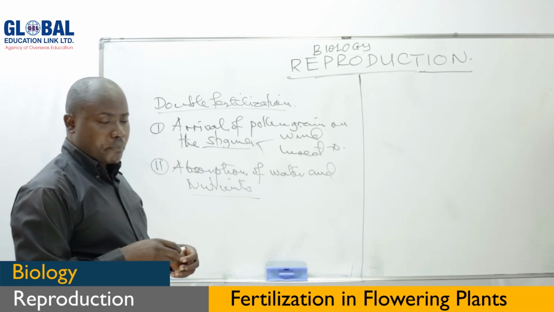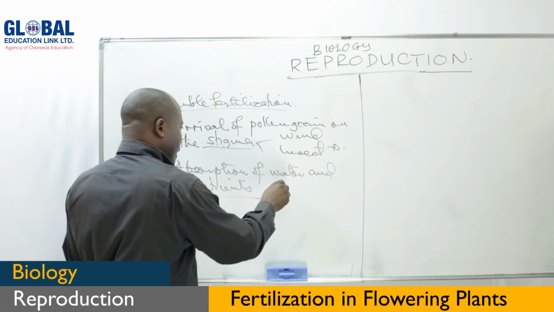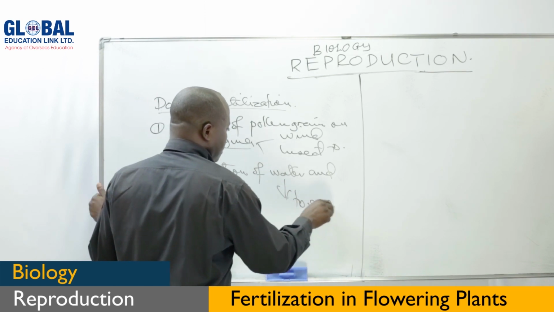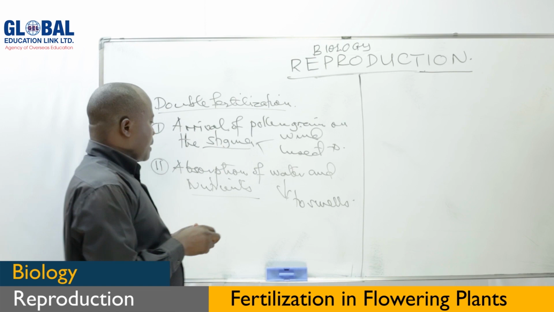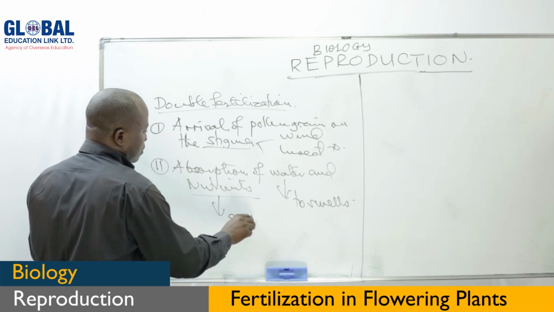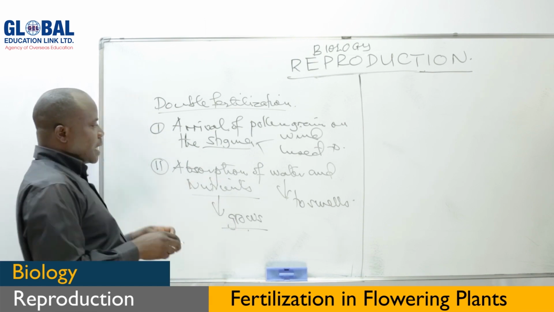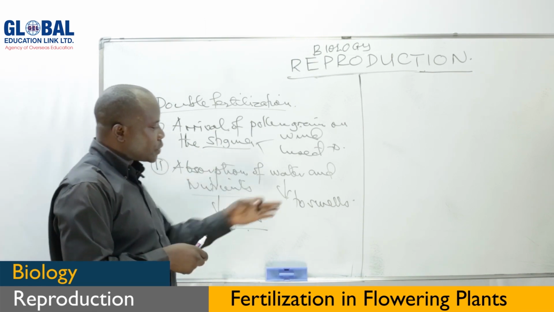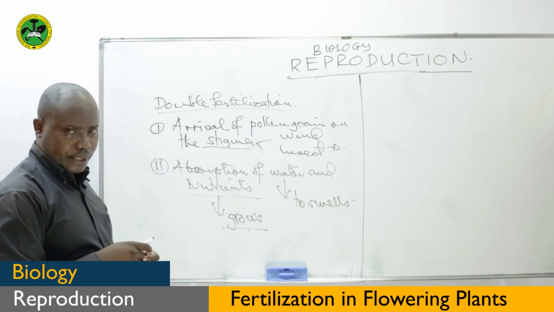This aspect is very important because water enables the pollen grain to swell, but these nutrients enable the pollen grain to grow. Therefore, after this aspect has taken place, the pollen grain swells and grows.